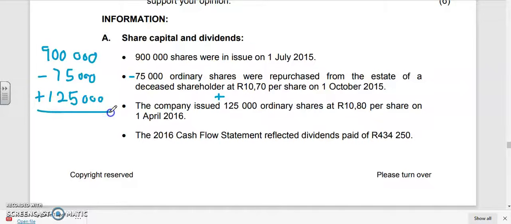This will give us the number of shares at the end of the year. If I do that quickly, 900 minus 75 plus 125, I get 950,000 shares.